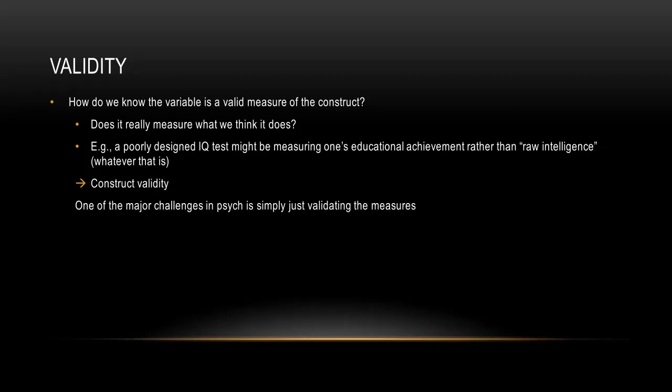So if I have a poorly designed IQ test, it might be a test that measures the kinds of things that you're taught in school. And what you might find is that someone who has a lot of education, who's been to school, has learned all those things, then scores higher on the IQ test because they went to school.